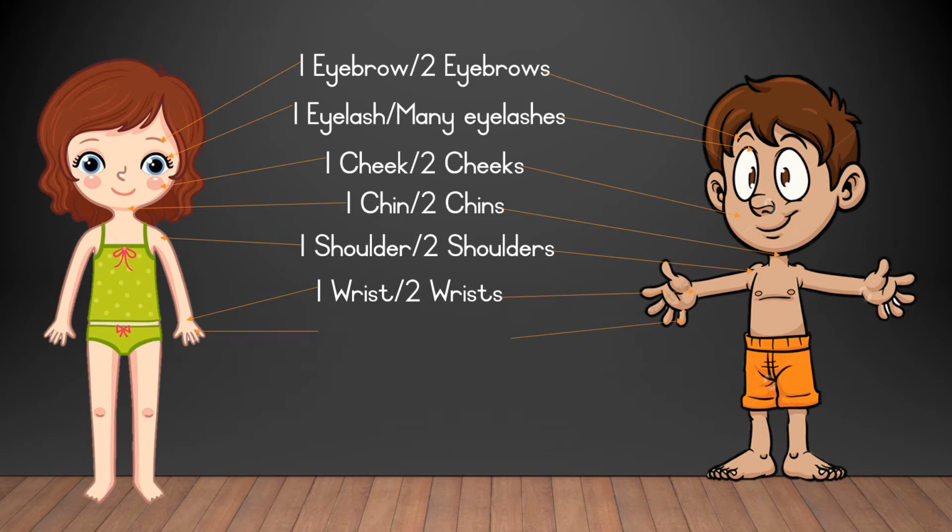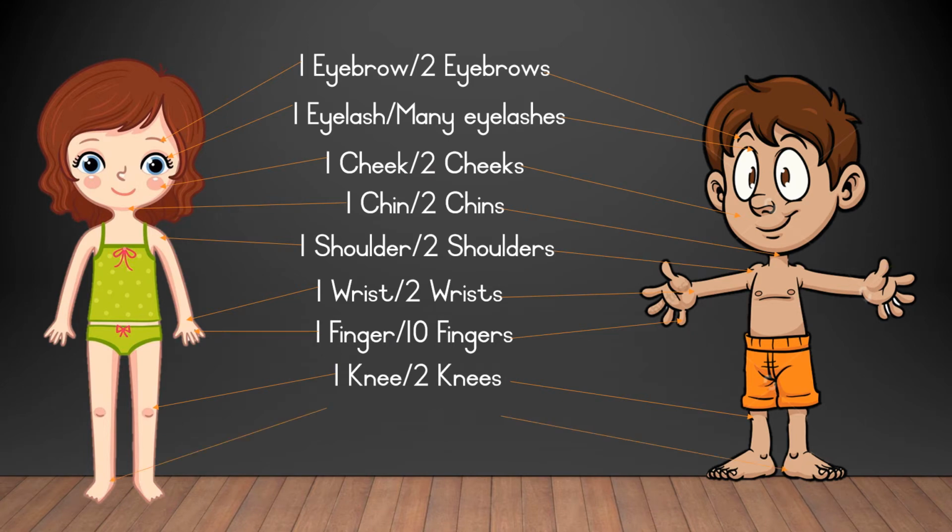Now the next part, I believe all of you know this one. One finger, plural, two or three or four or even 10 or more fingers. The next part, singular, one knee, plural, two or more knees. Next part, one ankle, plural, two ankles.